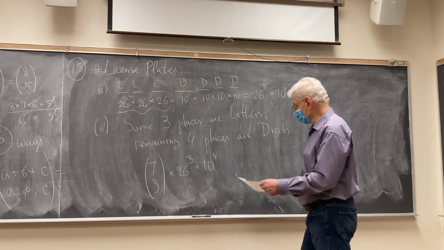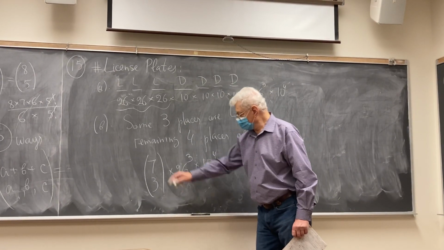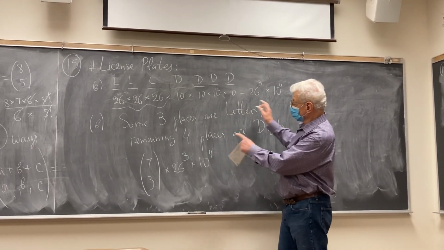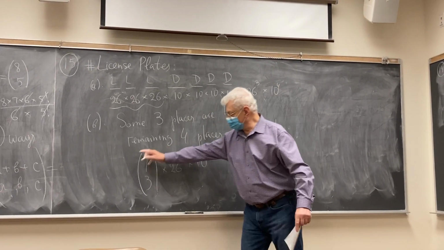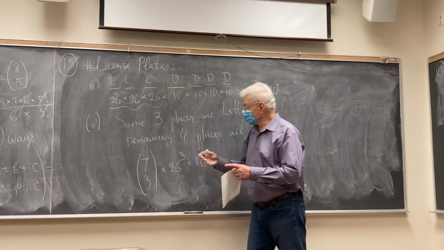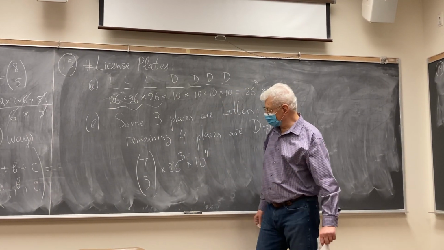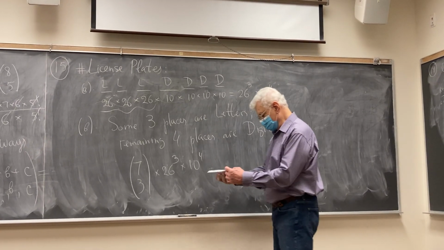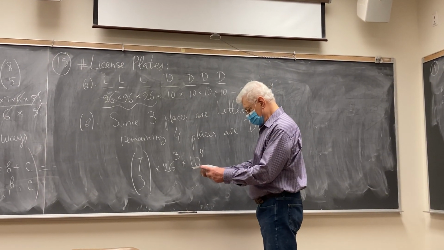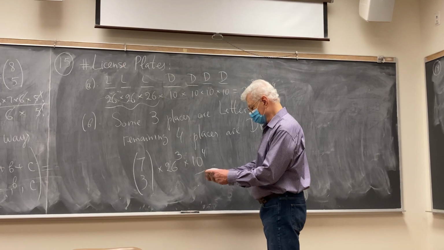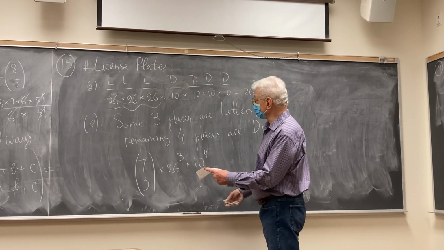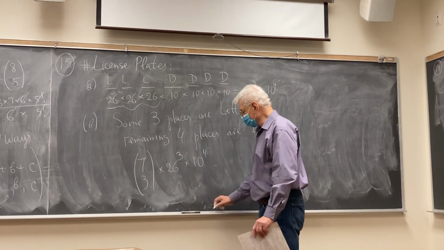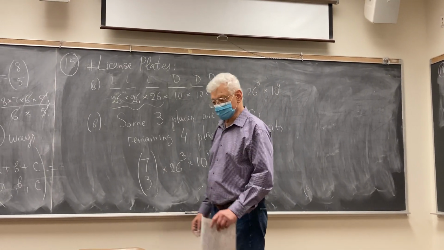You multiply by that factor because the 3 positions are floating. So this will be the answer, and then you have to multiply. I think I took 4 letters and 3 digits. Anyway, you can calculate using a calculator, and this will be the answer.